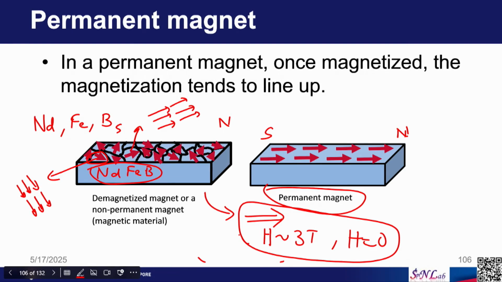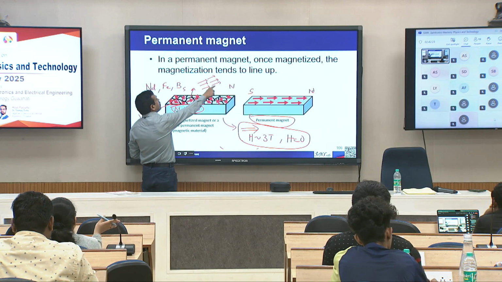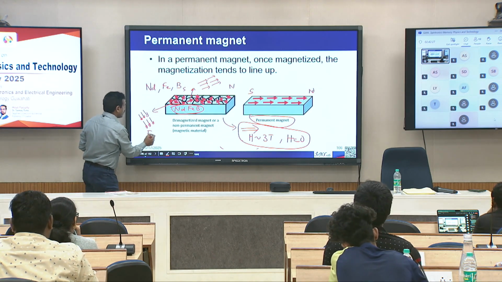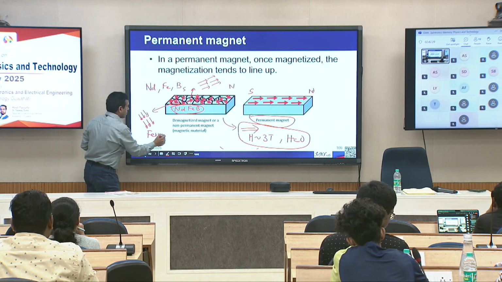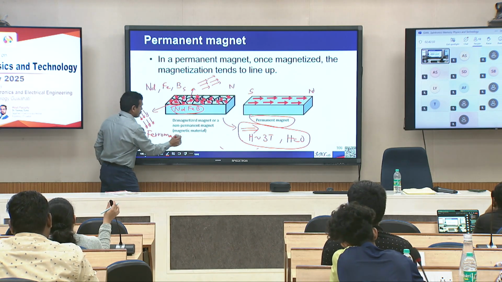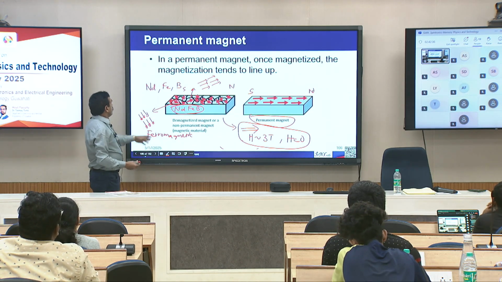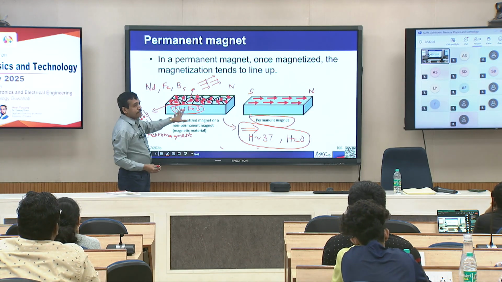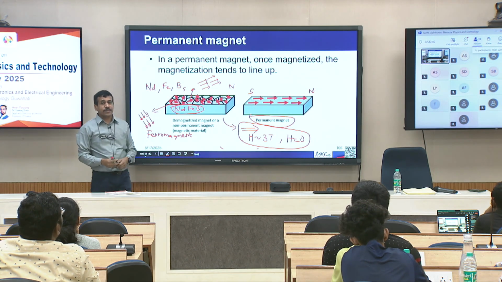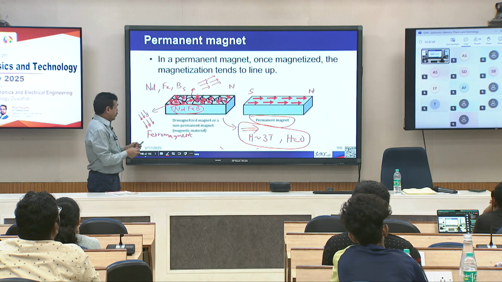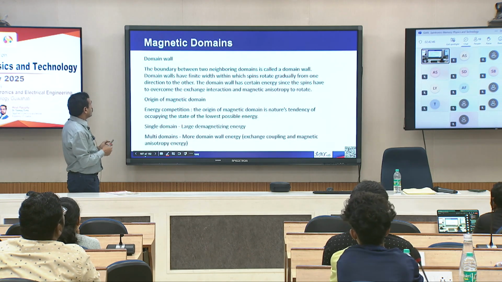Within this microscopic region, the neighboring atoms have parallel magnetization, which means it is ferromagnetic. But on the whole, the system divides into many small regions with random magnetization directions. This property is called magnetic domains.